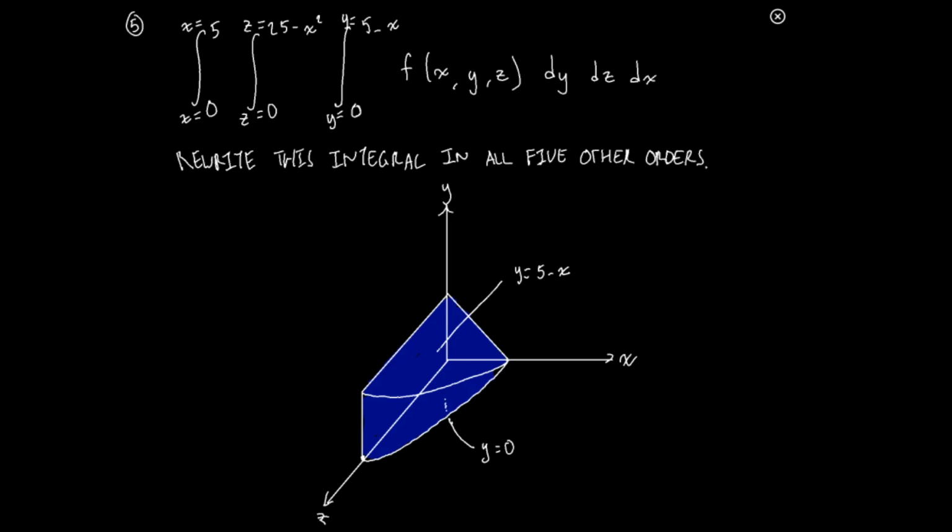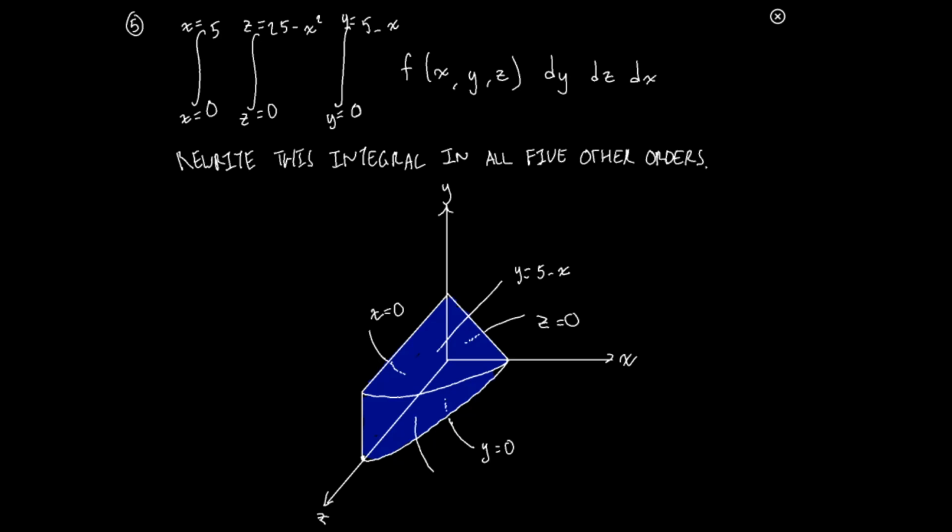And let's see, this surface right here is z equals 0. This surface on the back side here is x equals 0.